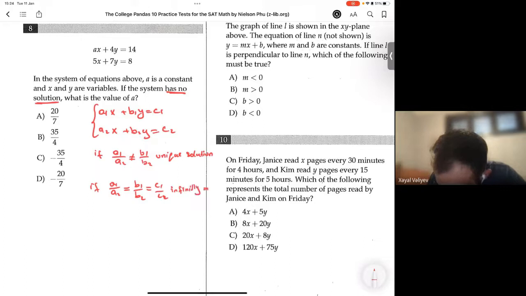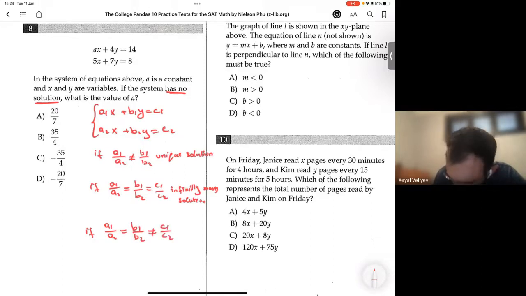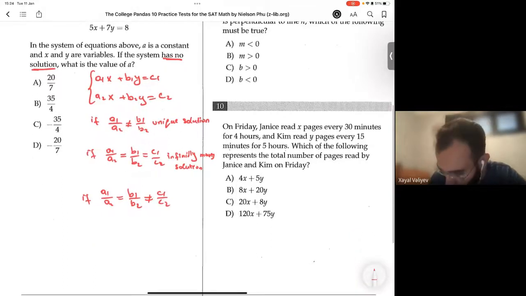What if we have a1 over a2 equals b1 over b2, but does not equal c1 over c2? That's the no solution case.